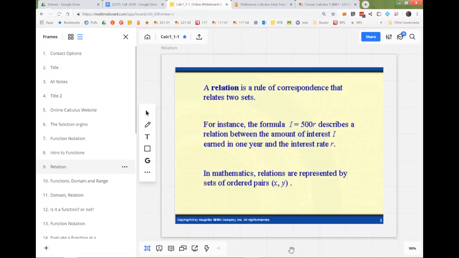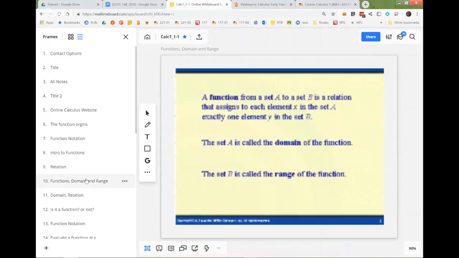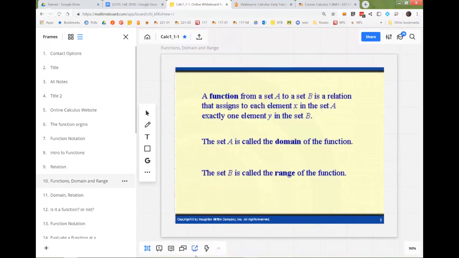Any set of ordered pairs is a relation. But when you go to a function, now we've got a special requirement. The special requirement is for a given x, there can only be one f of x.